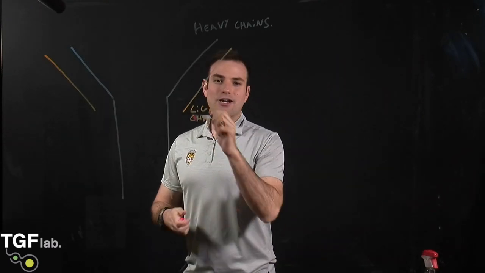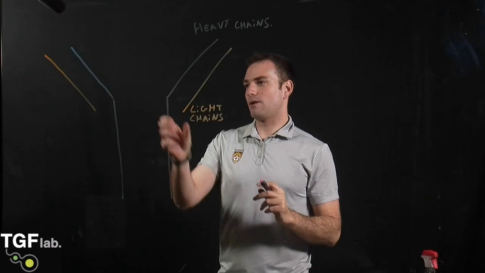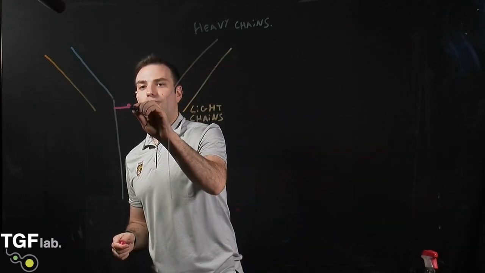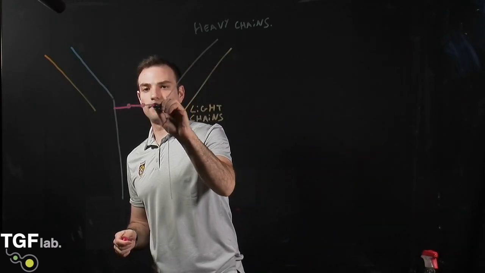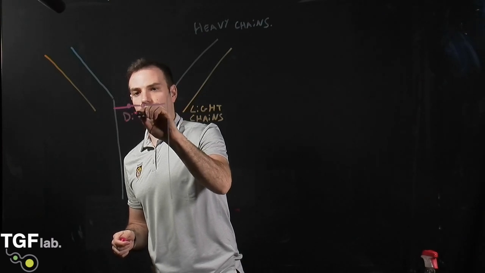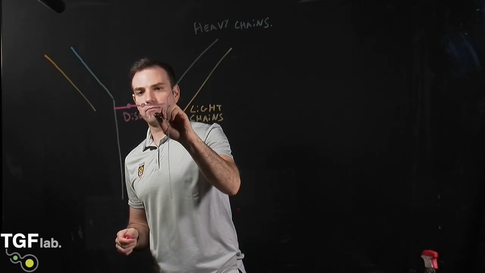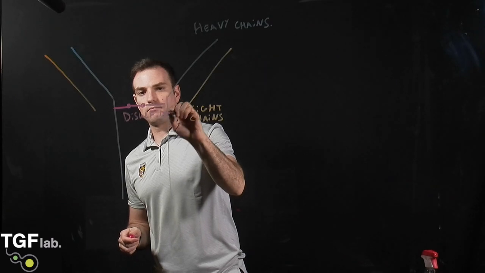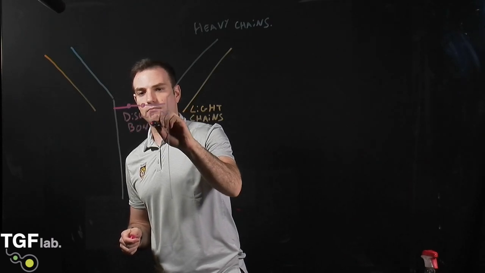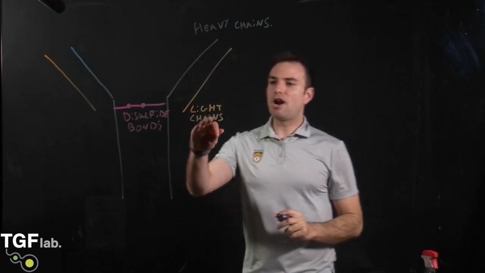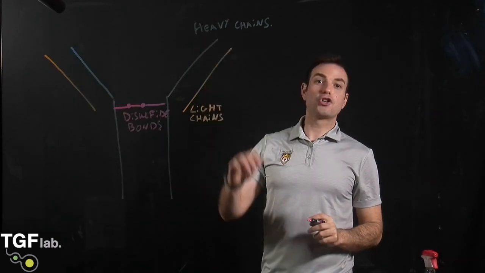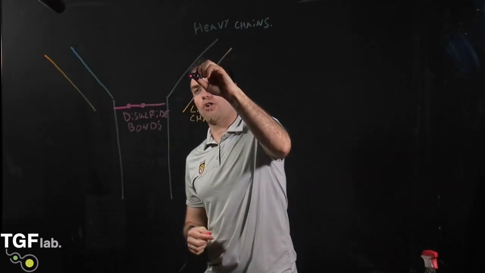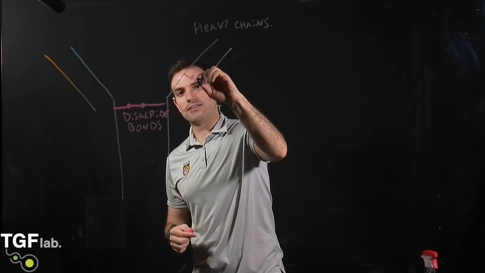And the heavy chains are going to be interacting with each other through these disulfide bonds. Similarly, the light chains are going to interact with the heavy chains also through these disulfide bonds.